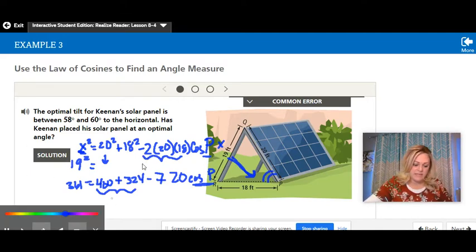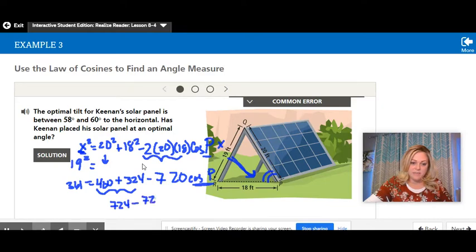When I combine these, I get 724. I cannot combine 720 with that other 724 because this is times cosine P. It's a multiplication problem. These are stuck together right here. Equals 361. I'm going to subtract the 724 from both sides.